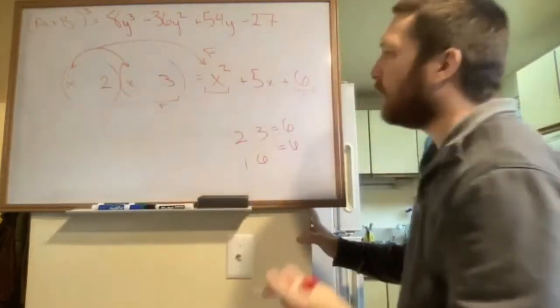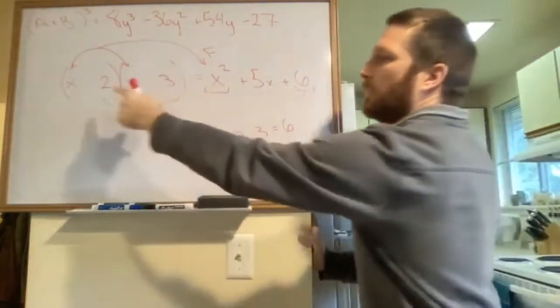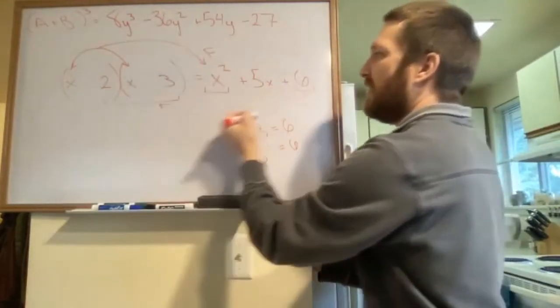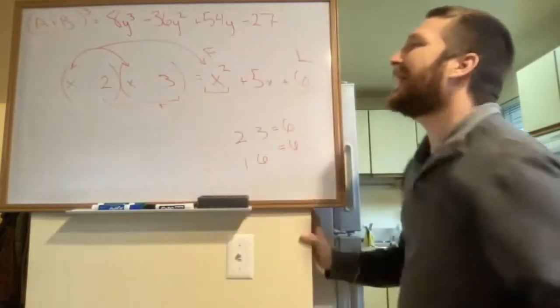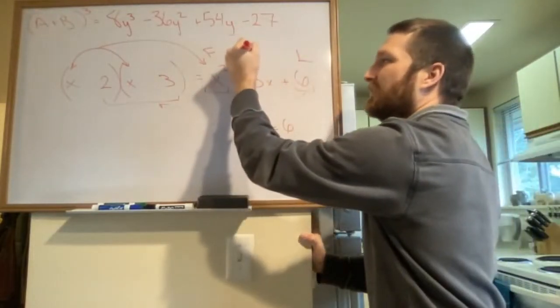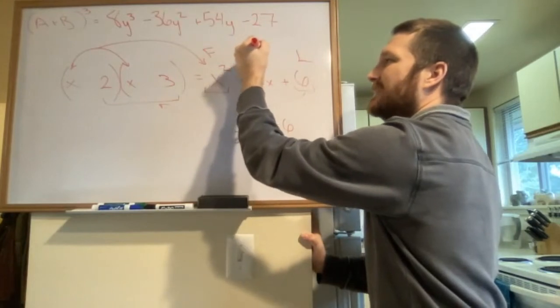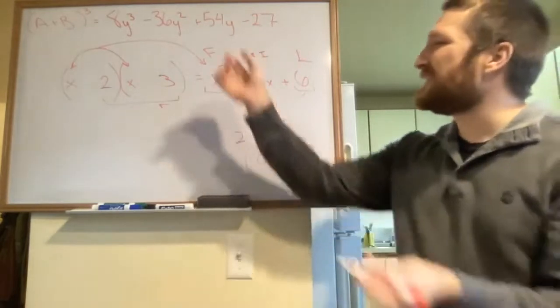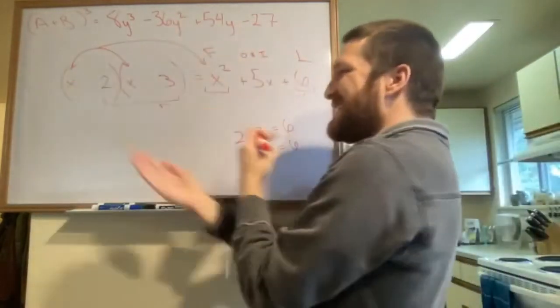Now, remember, this term came from the first multiplication. This term came from the last multiplication. This comes from the addition of the outside and the inside, right?